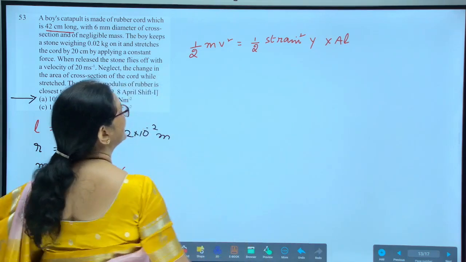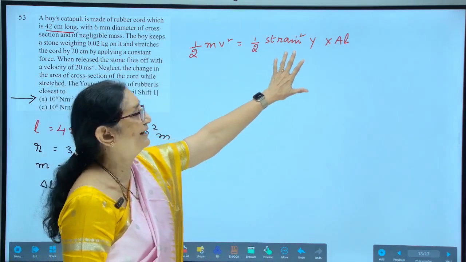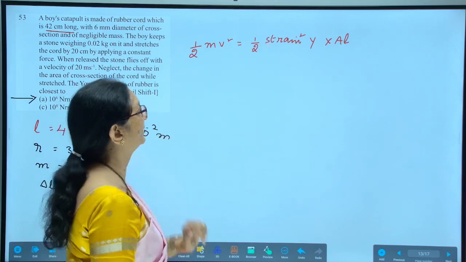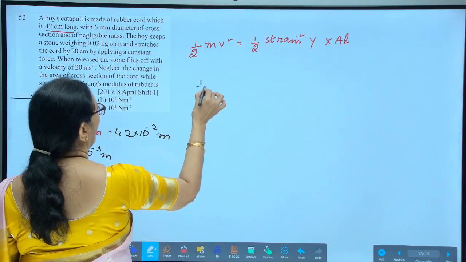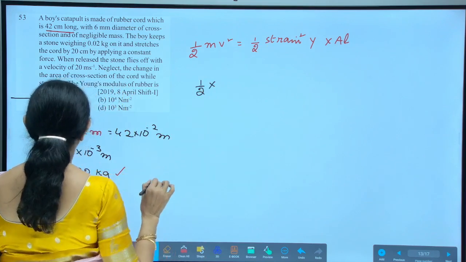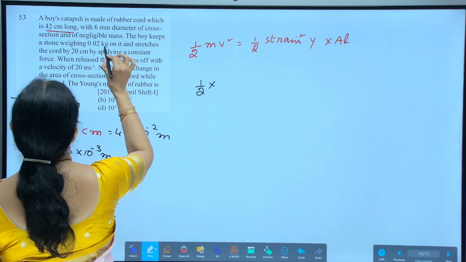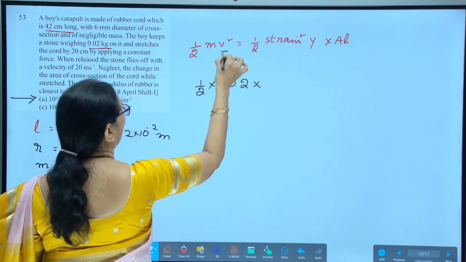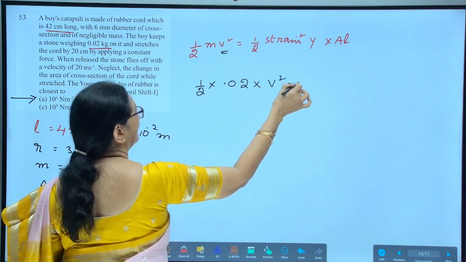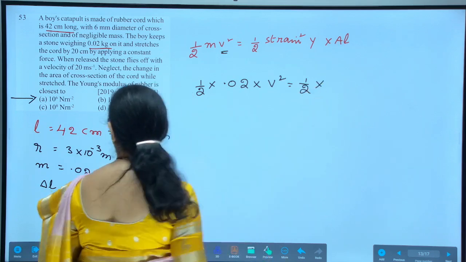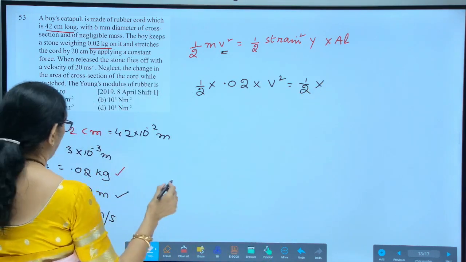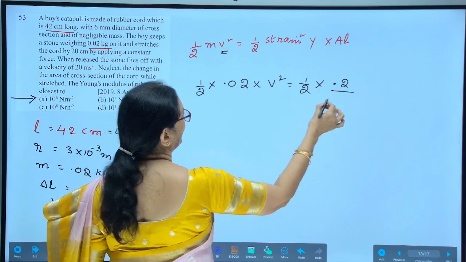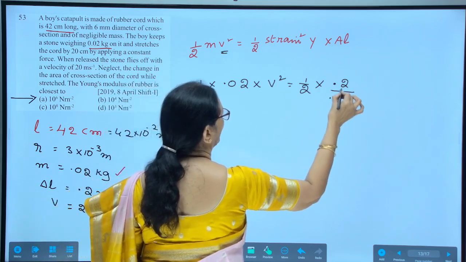So, half mv square is equal to the total energy stored in the stretched rubber cord, that is half strain square Y AL. Let us substitute: mass of the object is 0.02 kg, and you are supposed to find Y. Half strain square Y AL, where strain is delta L by L, that is 0.2 by 42 into 10 power minus 2, or 0.42.